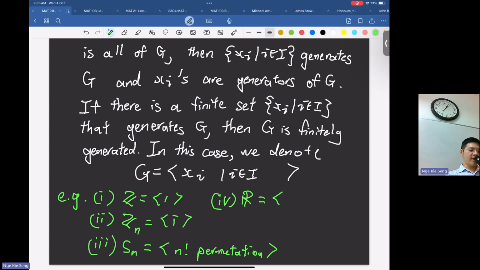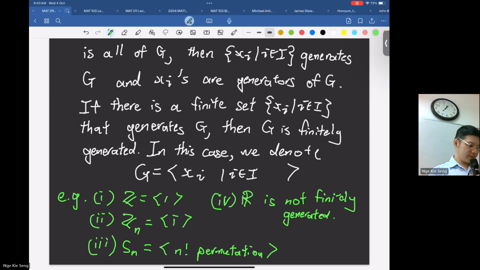No. R is infinitely generated, it's not finitely generated. Any other group you want to check?